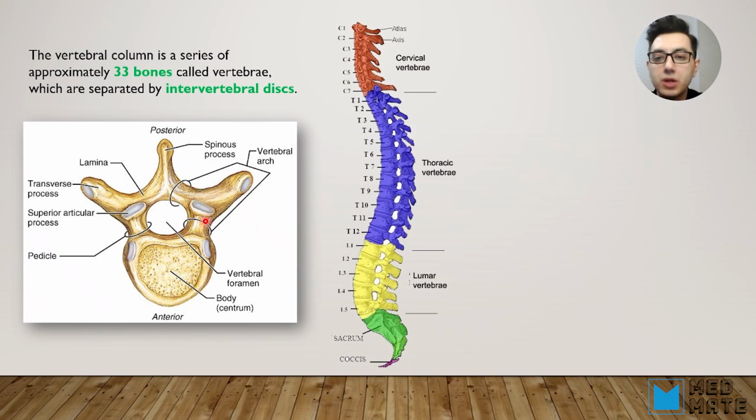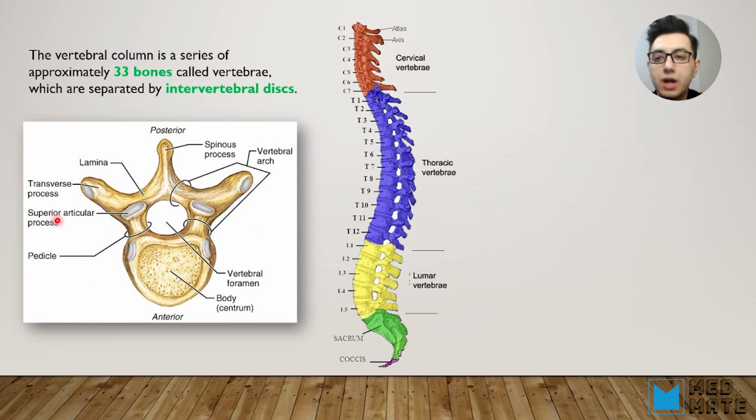And the vertebral arch has two main parts. The part connecting the transverse process to the posterior or spinous process is called the lamina, and the part which is connecting the body to the transverse process is called the pedicle.